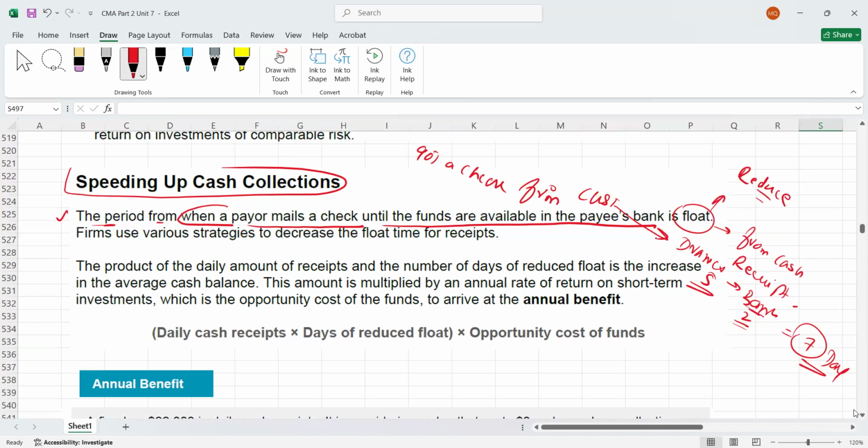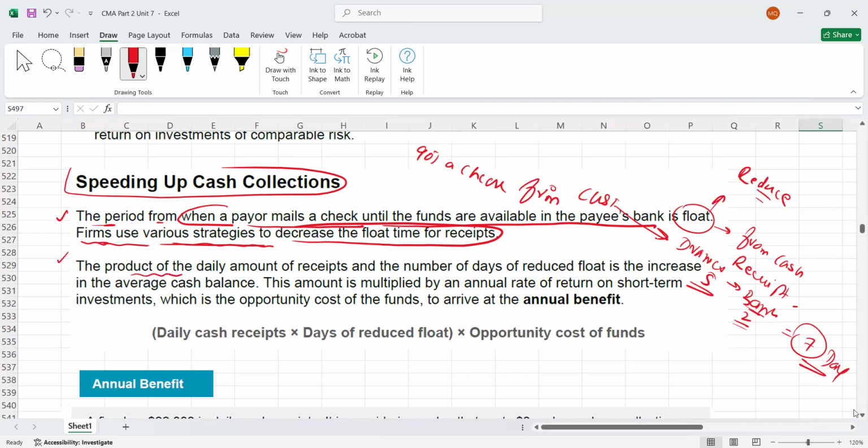Now the next question is, they're saying that a firm uses various strategies, because here I'll do some calculations, and these calculations could be tested in your exam. Firms use various strategies to decrease the float time for receipt. Number one strategy I'll discuss, here we go.